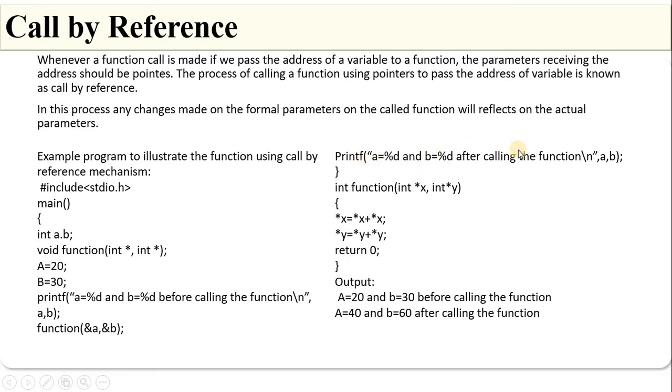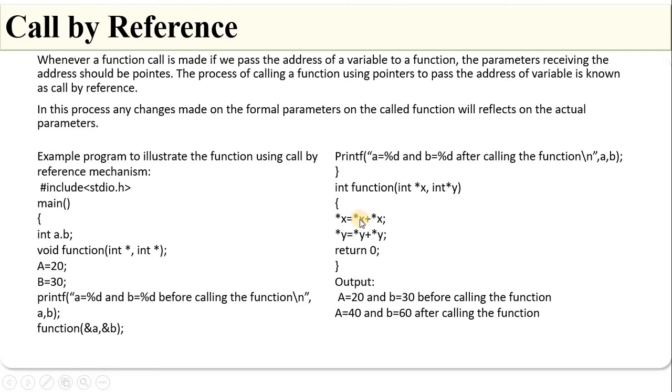And then I'm just printing after this function call. Once this function is called, it will come here. This is passing an address. a is passing the address, this is 20,000, b is 30,000. So it will come here. This is a pointer, because it has to hold the address. And then star of x would give you the value that is there at the 20,000 address.